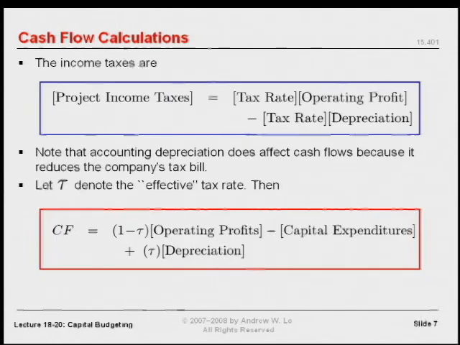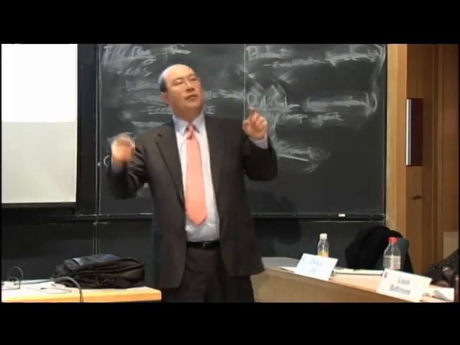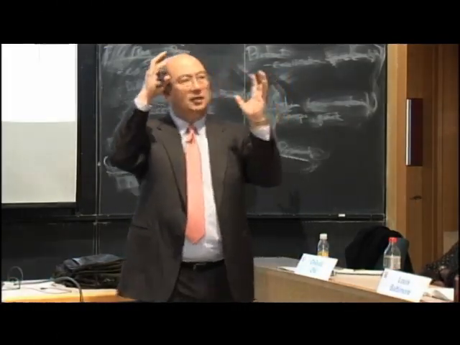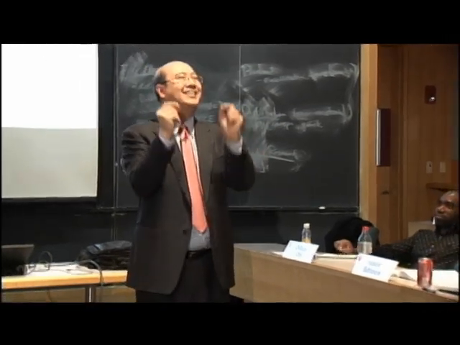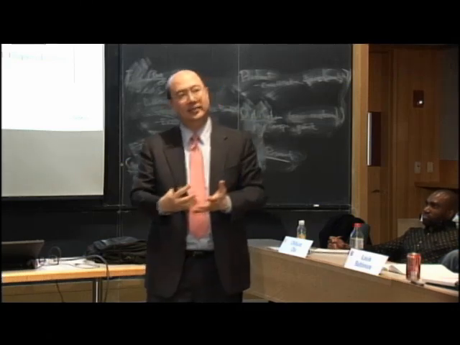And so, there are a number of other subtleties. For example, the project income taxes that you pay for your project is going to be the corporate tax rate times the operating profit minus the tax rate times your depreciation. So your depreciation doesn't actually affect the profitability of the particular piece of equipment or the project, except insofar as it affects the taxes you have to pay.